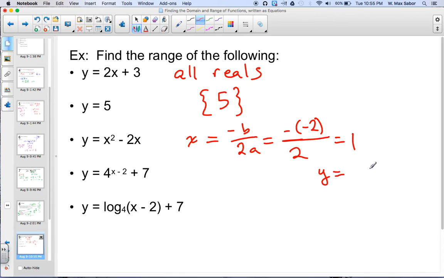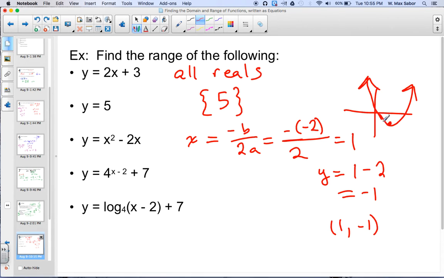And the y-coordinate is 1 minus 2, which is -1. So we have a vertex of (1, -1). Based on this, we know that it's going up, so -1 is the lowest y-coordinate. y is greater than or equal to -1 is our range for the quadratic.